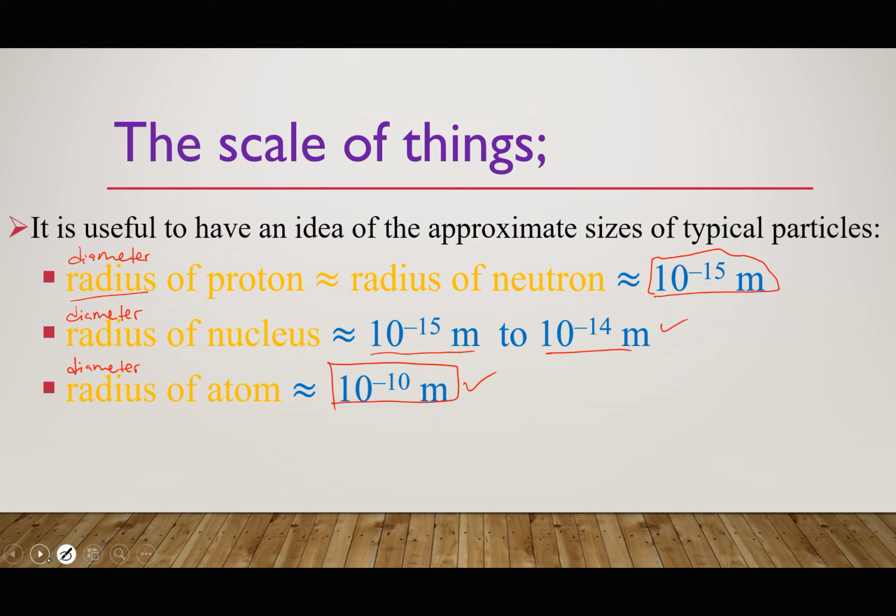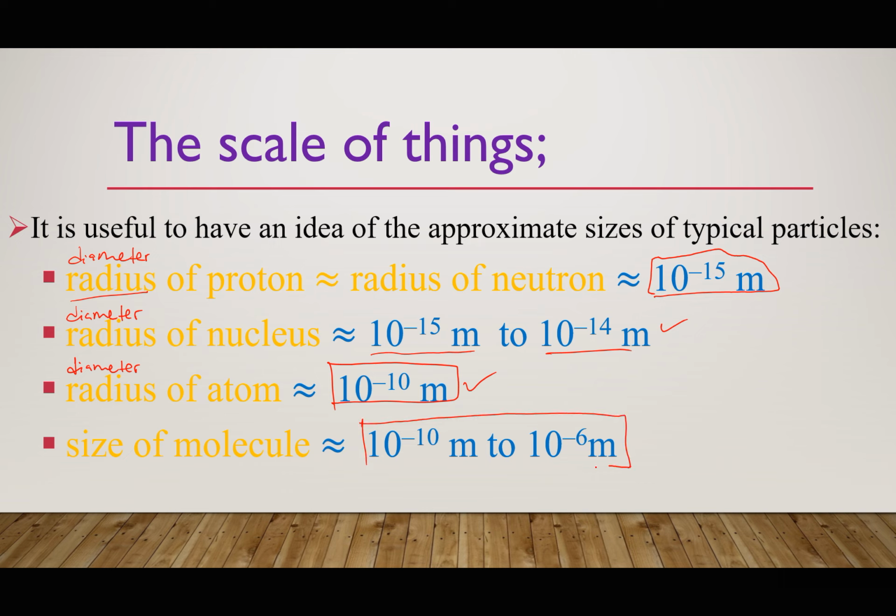And lastly, the size of a molecule. A molecule could be bigger. It could be between 10 to the power of minus 10 meters and 10 to the power of minus 6 meters. A molecule can have a single atom or several atoms. That's why the size could be relatively bigger than that of an atom or very close to that of an atom. So that is the scale of things.